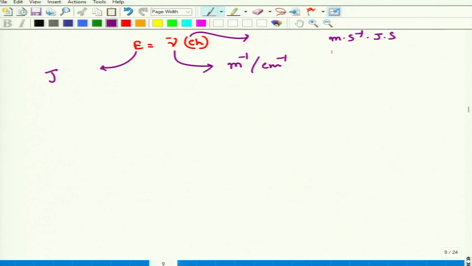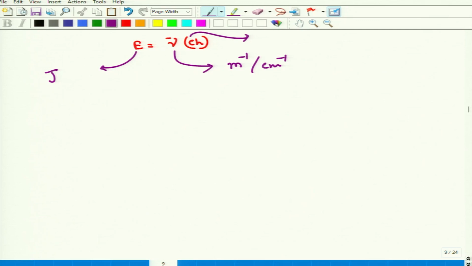So nu bar should be joule divided by joule second times meter per second, so it's meter inverse. If we consider centimeter, then it will be centimeter inverse. So the unit of nu bar is totally determined by which unit we consider for the speed of light, whether it is 3 into 10 to the power 8 meter per second or 3 into 10 to the power 10 centimeter per second. So the unit may be meter inverse or centimeter inverse.